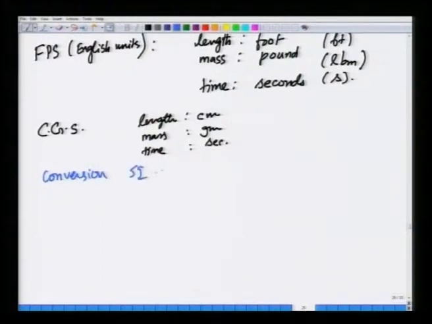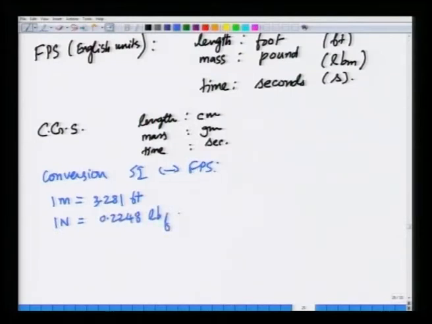So, SI to FPS. So, 1 meter is 3.281 feet and so on. Okay. You have this conversion, and 1 Newton is 0.2248. The unit for force is pound force, lbf, and 1 Pascal is 1.450 times 10 to the minus 4 lbf per inch squared and so on. Okay.